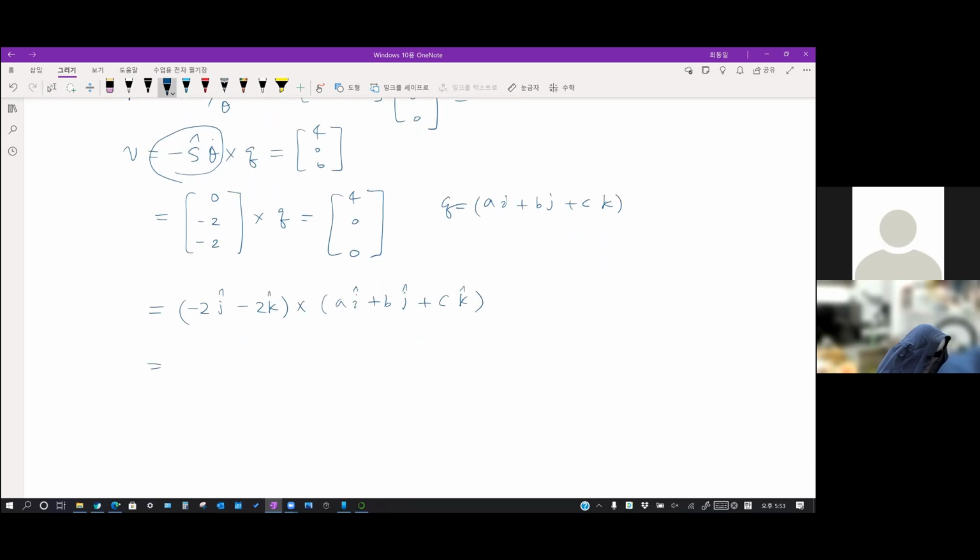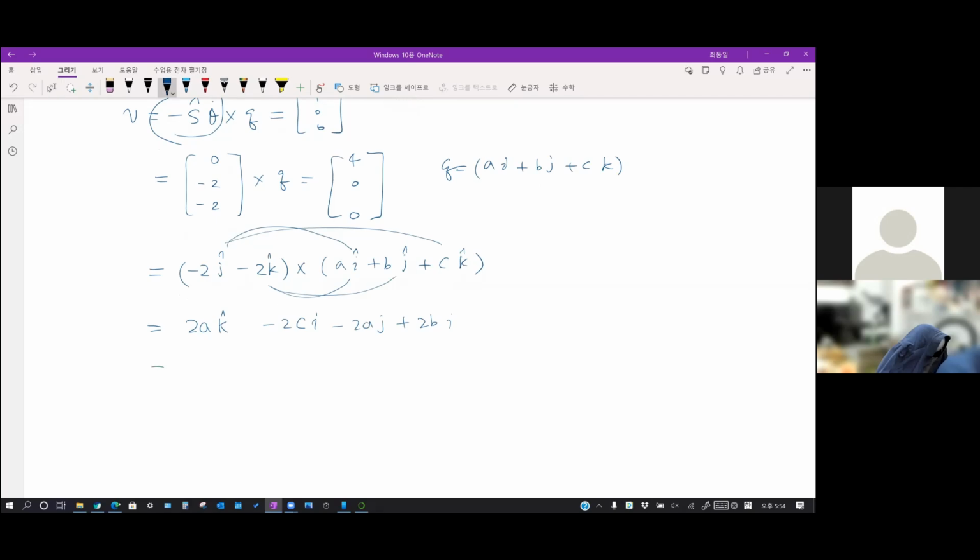Calculating this one, minus 2 times A, K, and this one becomes 0, and this one becomes minus, with J, K, I, and K, I, J, and this one becomes KJ minus I plus 2BI.